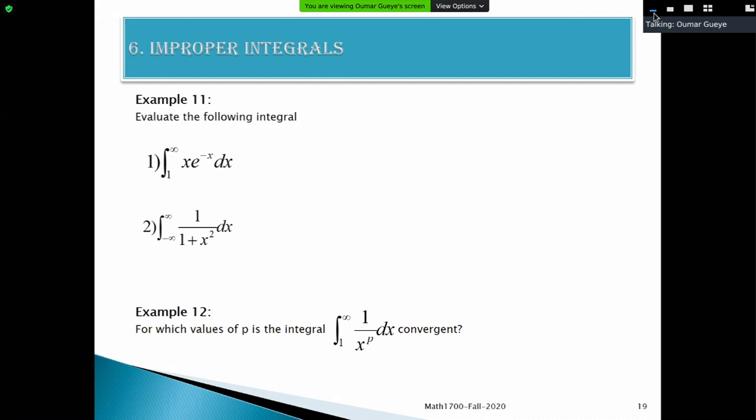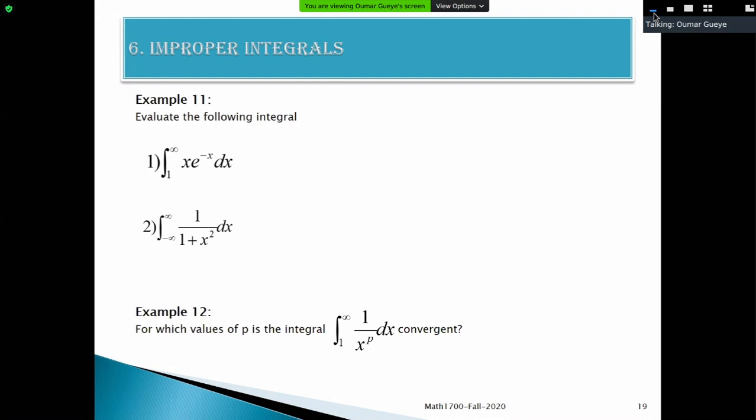It does not belong to the set of real numbers. If after calculating your integral, you get a real number, you conclude your integral is convergent. If you get plus or minus infinity, or if the limit does not exist, your integral is divergent. You have three situations where you conclude your integral is divergent: the limit does not exist, or the limit equals positive infinity, or the limit equals negative infinity.